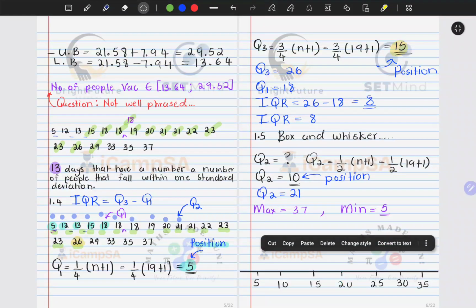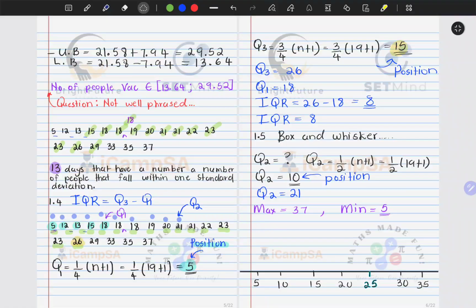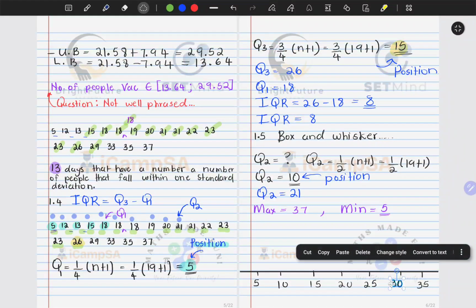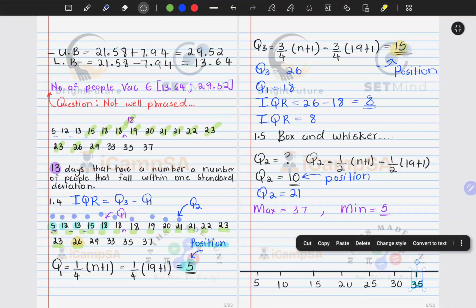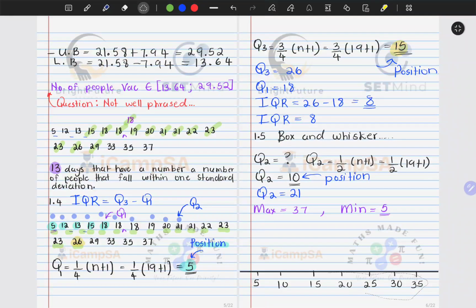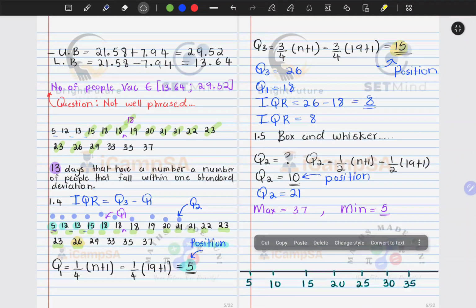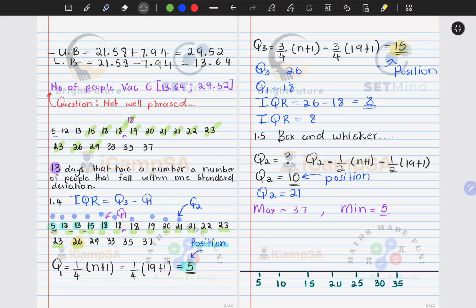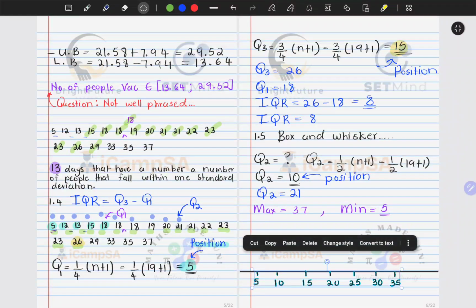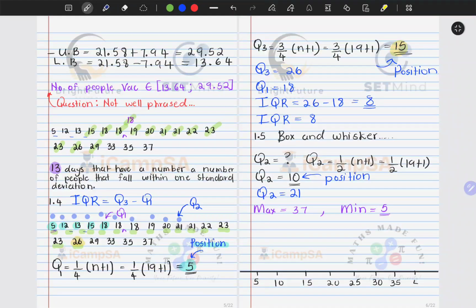In your exam, you will probably have graph paper, so it makes life a bit more convenient. Let me see if we can fix this here. Move the 30 a bit, and then move 35. Yeah, probably just do that, and then we can have a 40 somewhere here.